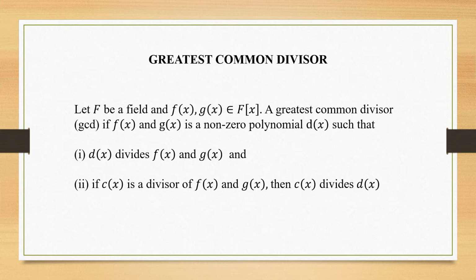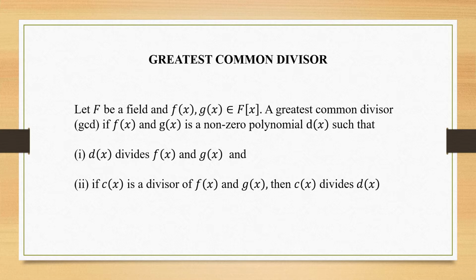A greatest common divisor, GCD, of f of x and g of x is a non-zero polynomial d of x such that there are two conditions. d of x divides f of x and g of x, and the second condition says if c of x is a divisor of f of x and g of x, then c of x divides d of x.